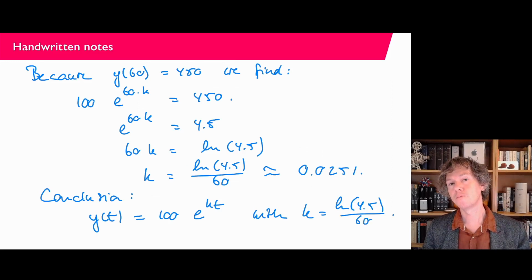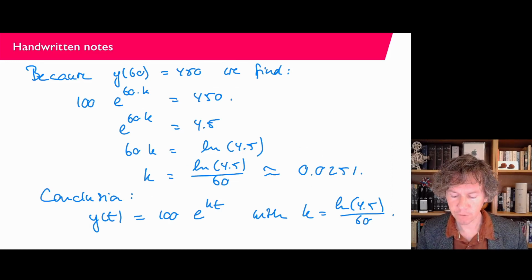So now I can compute the population size at any moment in time. This formula holds for t equal to 0 and every positive value of t that you can think of.